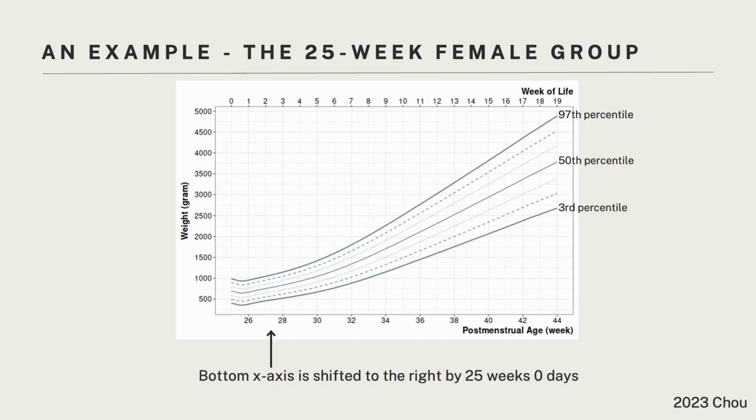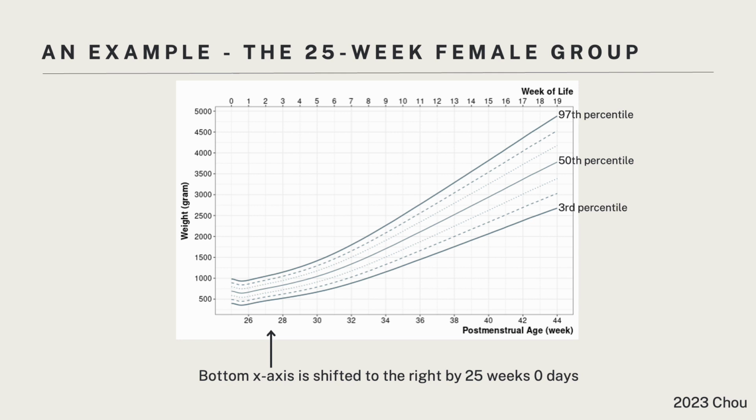Here is an example of the postnatal growth charts. This is for the 25-week female group. The percentile lines presented here go from the 3rd, 10th, 25th, 50th, 75th, 90th, 97th percentile from bottom to top. Any percentile line can be calculated using the mean and the standard deviation for each day of life.